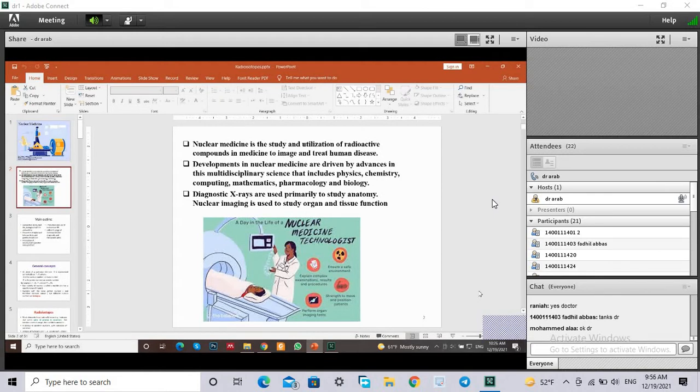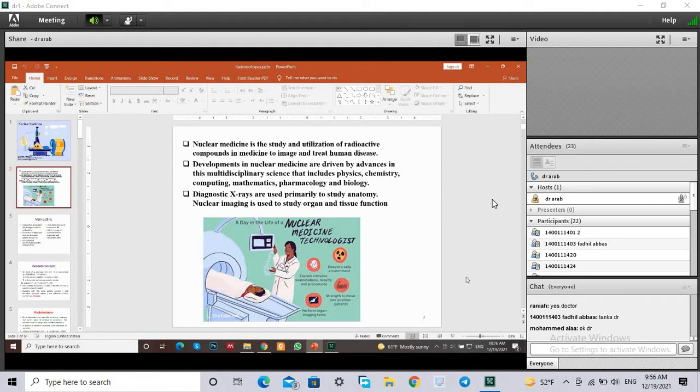It is noticeable that developments in nuclear medicine are driven by, and in turn involved in, advances in several sciences such as physics, chemistry, computing, mathematics, pharmacology, and biology.